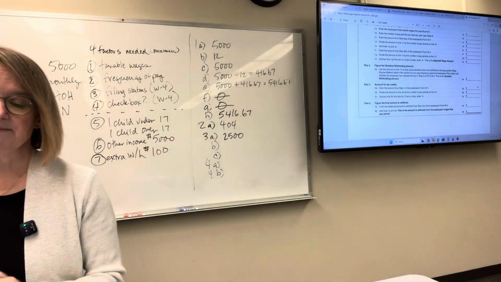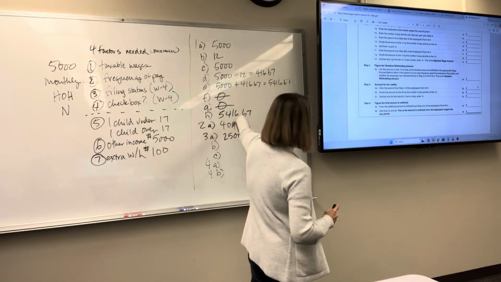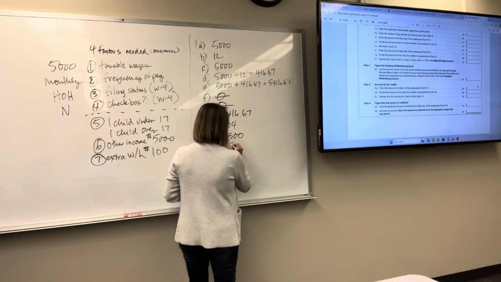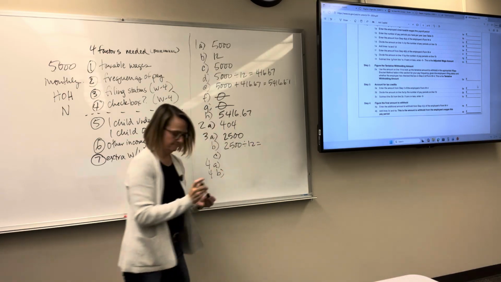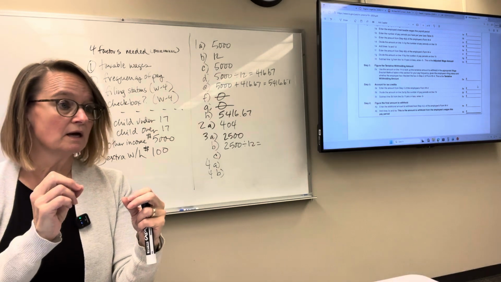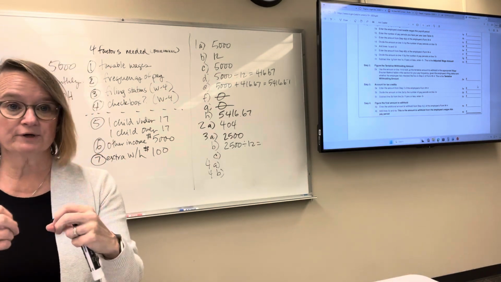3B, divide the amount on line 3A by the number of pay periods up here. All right, well, divided by 12. What we're doing is they're entitled to that tax credit, and they're taking it at the point that they're getting paid.